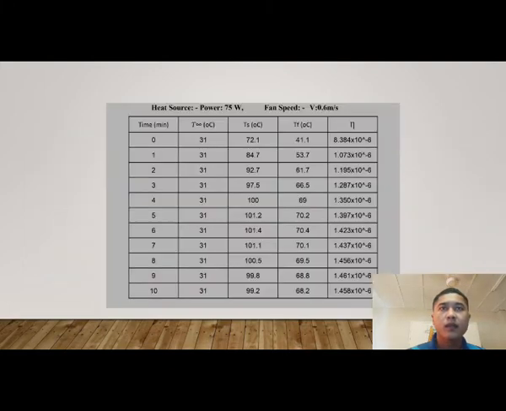Next, this is the table for fan speed V equal to 0.6 meter per second. In forced convection, we use the same heat source power, that is 75 watt.